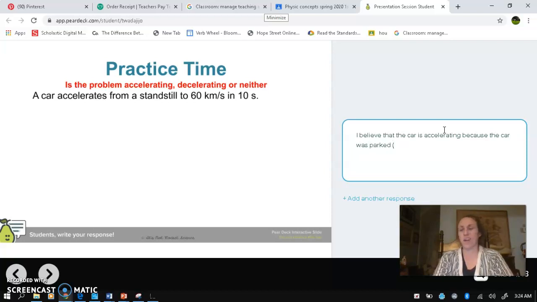How do I know it was parked? Well, I don't know if it was parked, it was at least stopped. And how do I know that? Because it was at a standstill, and then went to 60 kilometers per hour. Okay, so there you go.